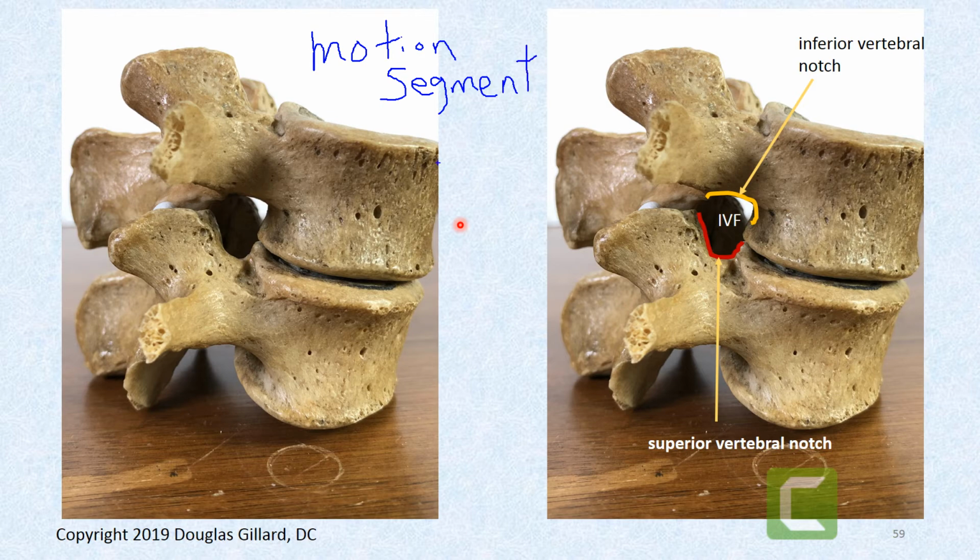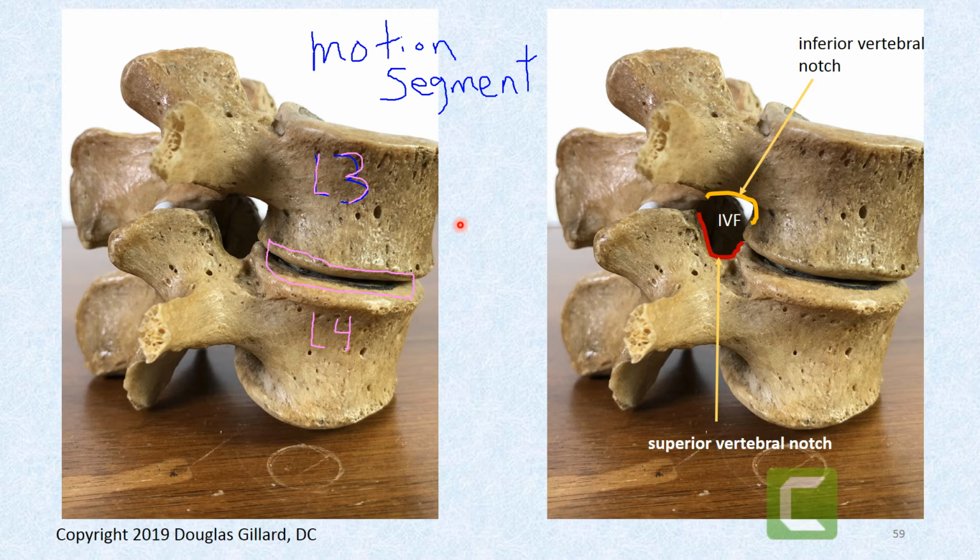But a motion segment is, let's say this is L3. Let's change colors. Motion segment is the vertebrae above, the disc in the middle, and the vertebrae below. That's a motion segment. But how do you name that? That's the L3/4 motion segment.